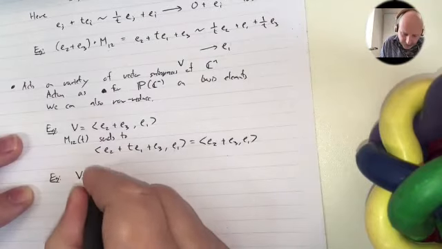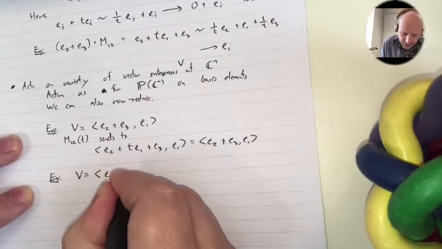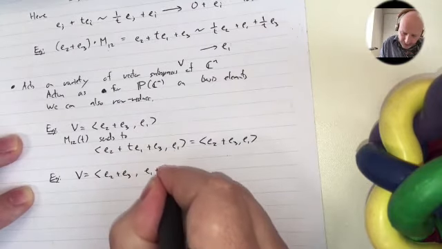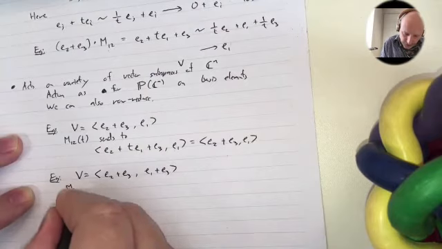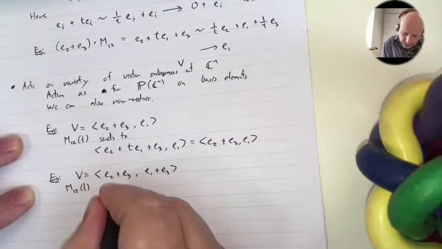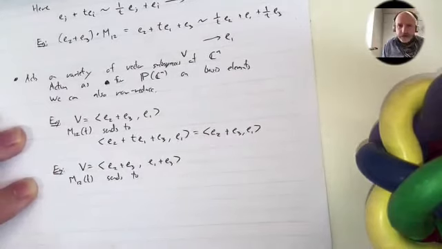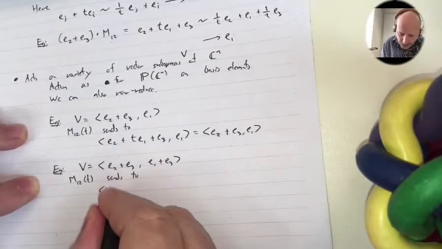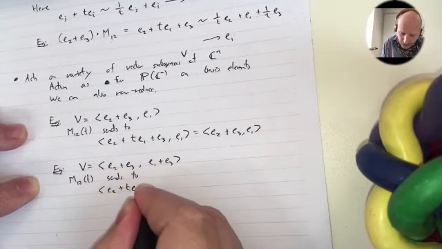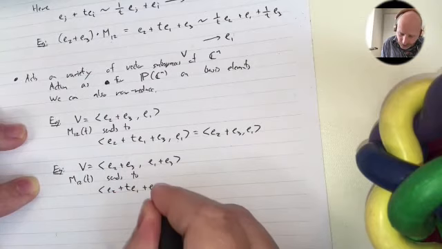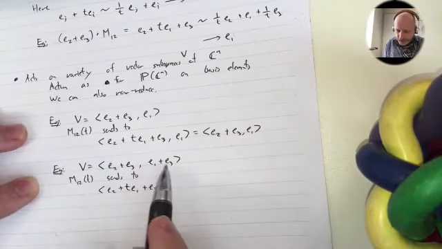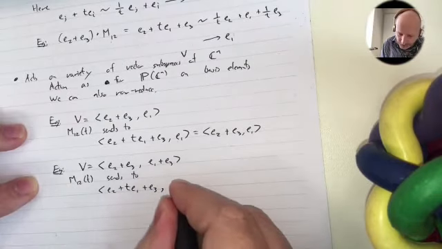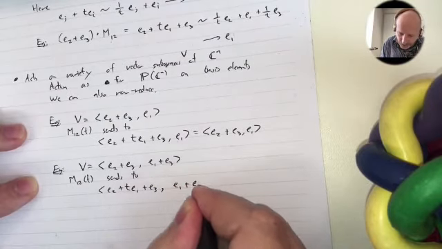So let's consider the vector space generated by E2 plus E3 and E1 plus E3. So M12 applied to this gives you, well, the same thing happens in the first coordinate, E2 plus tE1 plus E3. And in the second coordinate, we still don't have an E2, so we're still fixed. So we get just E1 plus E3.